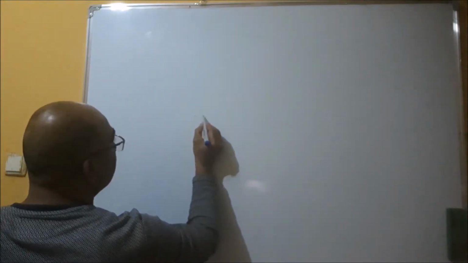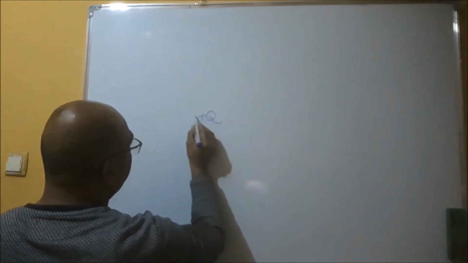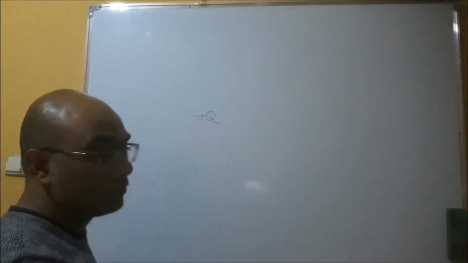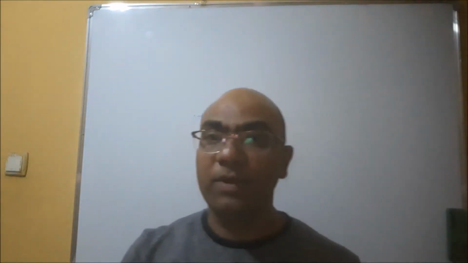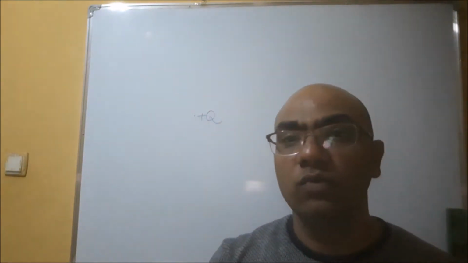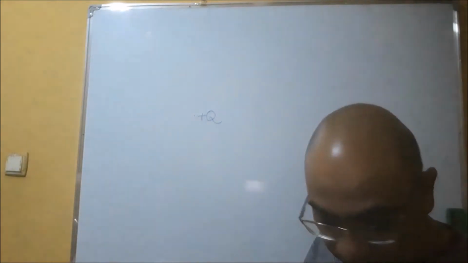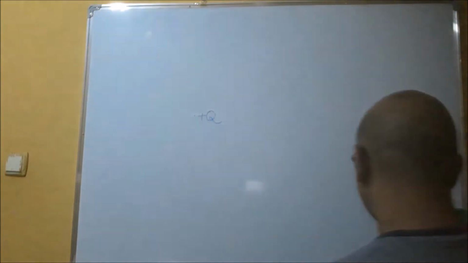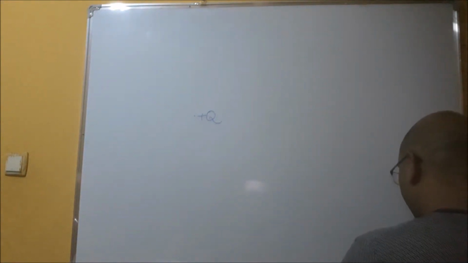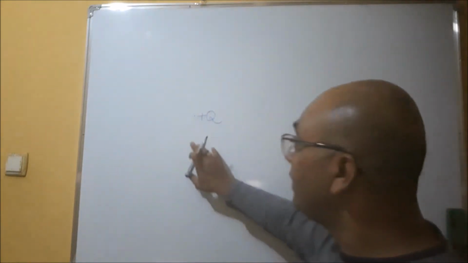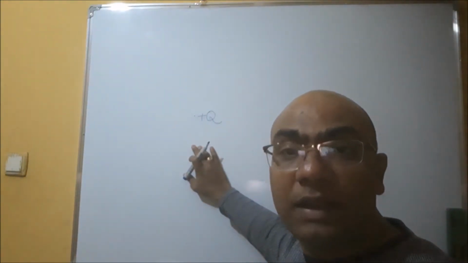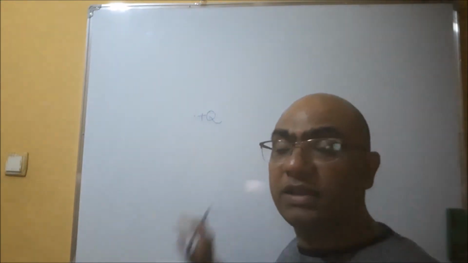suppose I have a plus q charge particle, a point charge particle. Okay, so what will happen? I told you that for this positive point charge, it will give the electric field radially in all directions.